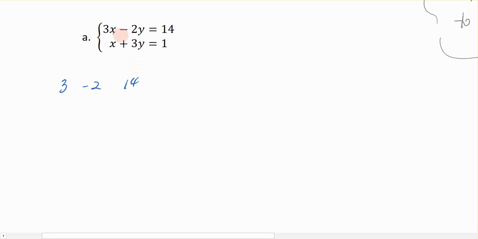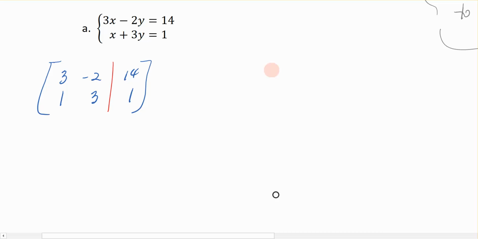That row represents the first equation. The second row looks like 1, 3, 1. I'm going to put a vertical bar here to separate the left columns from this single right column, and that is now my augmented matrix. And that's what I'm going to start with.